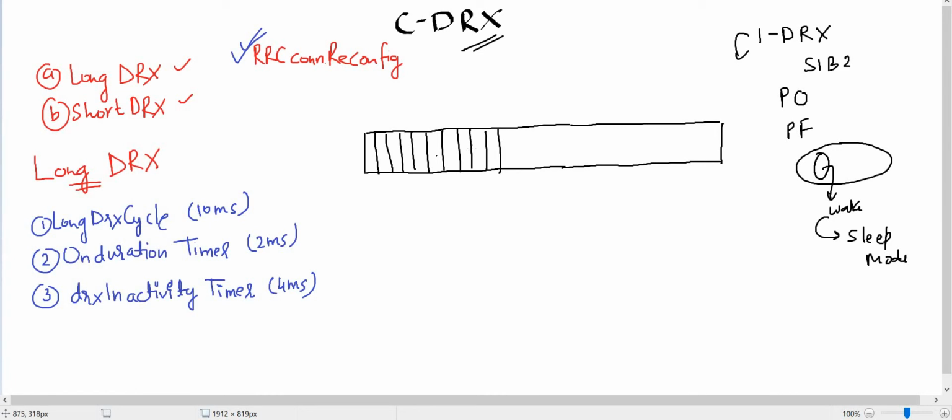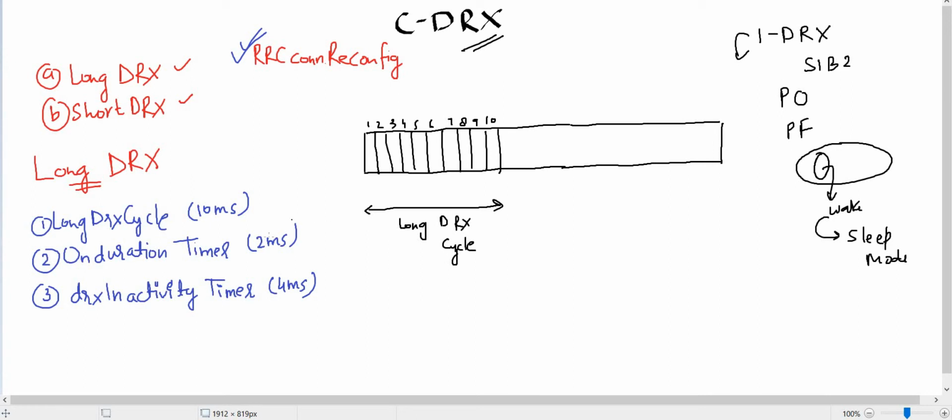This is one radio frame. Here you can see that the long DRX cycle is 10 millisecond: 1 2 3 4 5 6 7 8 9 10. So this is one long DRX cycle.